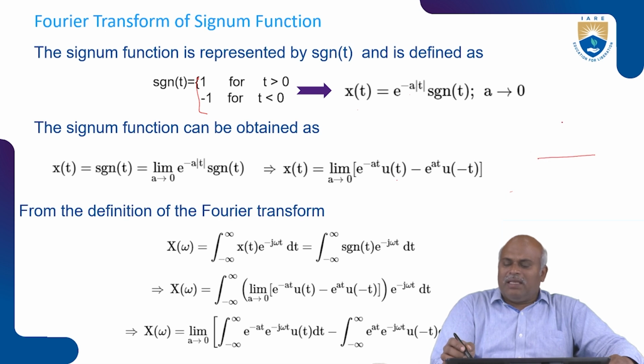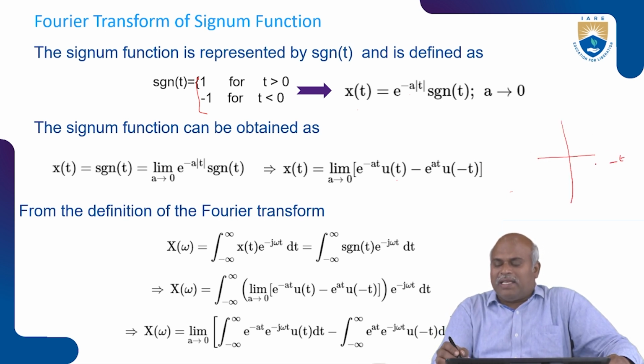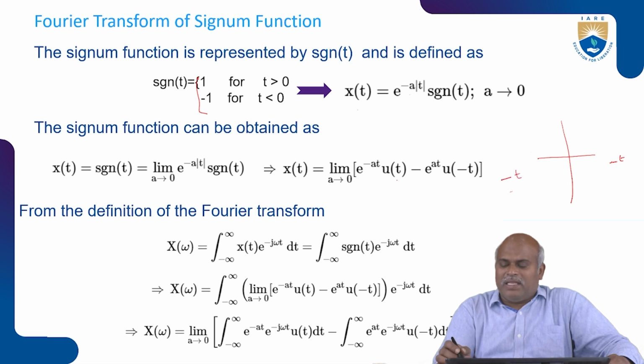So finally my equation consists of minus t to plus t. The maximum amplitude is equal to 1, the minimum amplitude is minus 1. I write this as x(t).